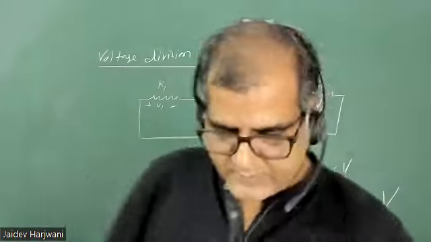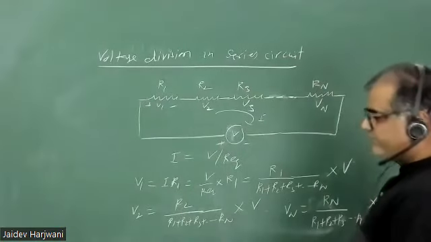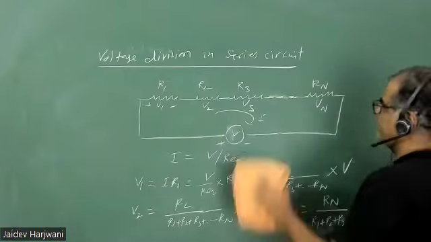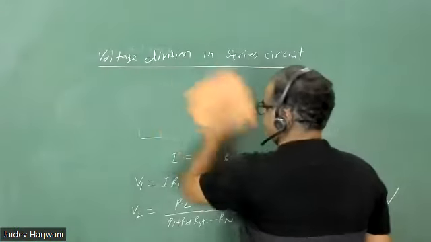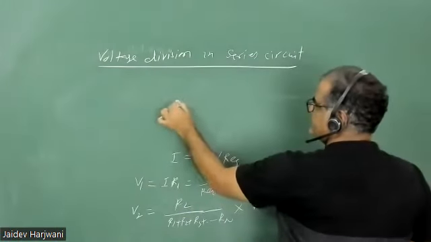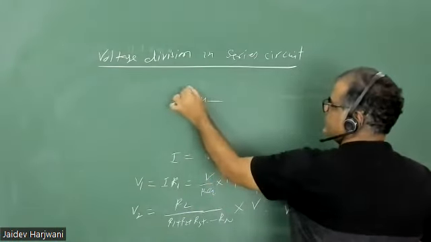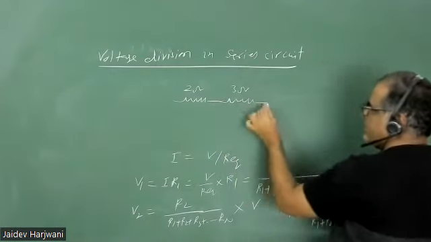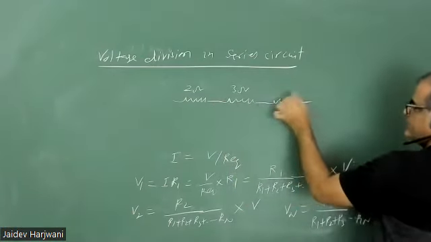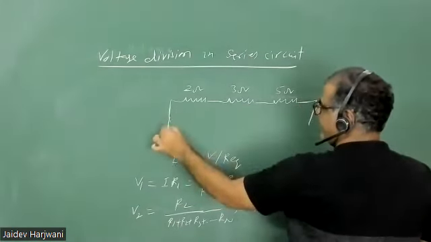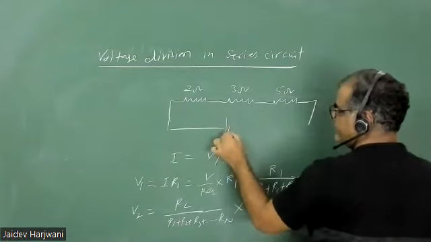So for example, now let me give some values to these resistances. Suppose I have a resistance of 2 ohm, this is 3 ohm, and say this is 5 ohm, and I have a battery of 10 volt.